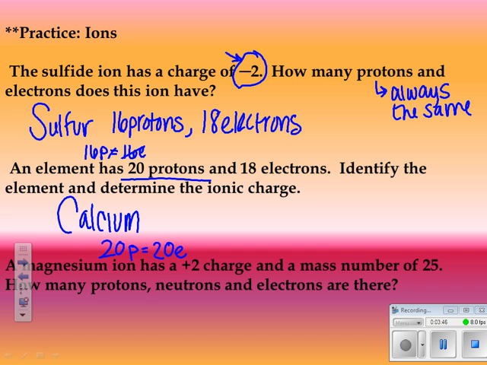However, we can see that 18 and 20 are no longer the same. Therefore, this must have a charge. Did I lose or gain electrons? I lost electrons. If I lose electrons, then I become more positive. I lost a total of 2, so I have a 2 positive charge.